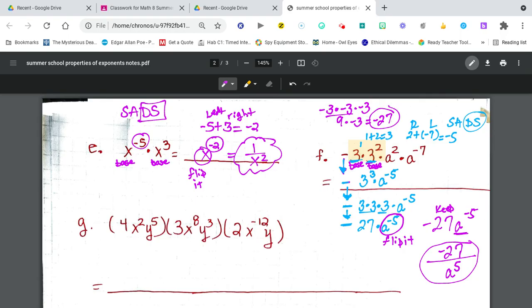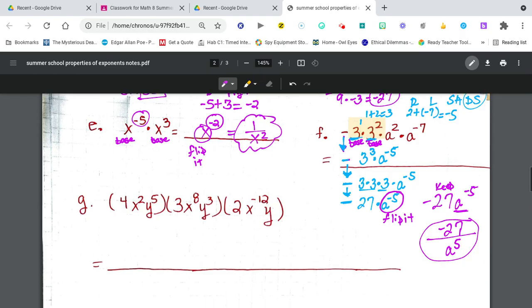Remember, if it has a negative exponent, you flip that base. I'm going to flip A to the bottom. Now, if you just saw a to the -5th, you would have to put 1 over a to the 5th when you flip it. But because you already have a 27, don't put 1 over a to the -5th. Put -27 over a to the 5th, okay?